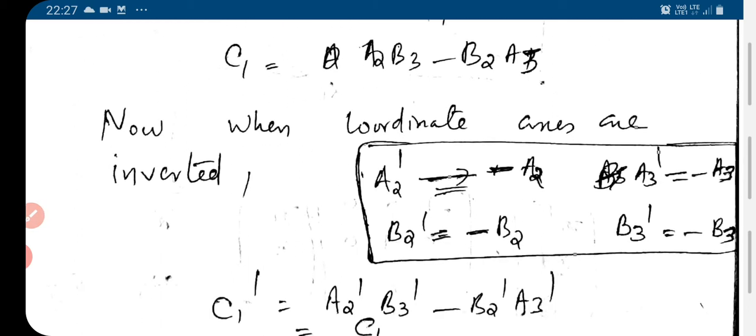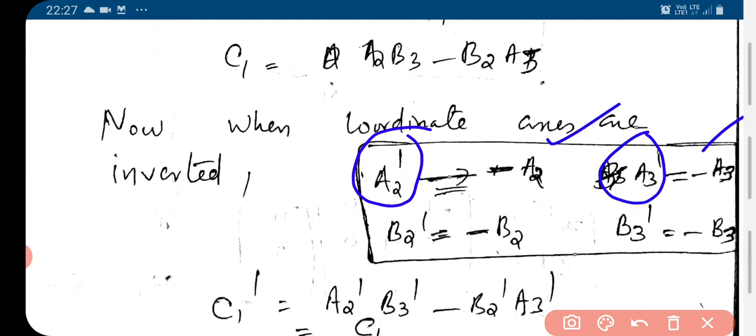So when the coordinate axes are inverted, A2 prime becomes minus A2, A3 prime becomes minus A3, B2 prime becomes minus B2, B3 prime becomes minus B3, since these are all polar vectors.